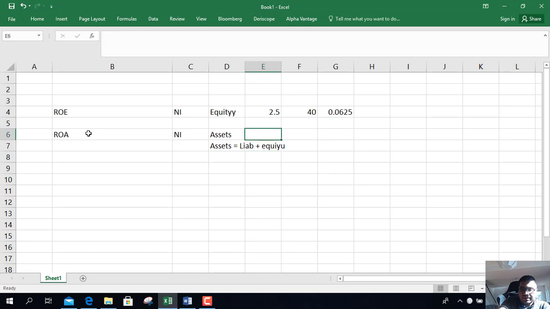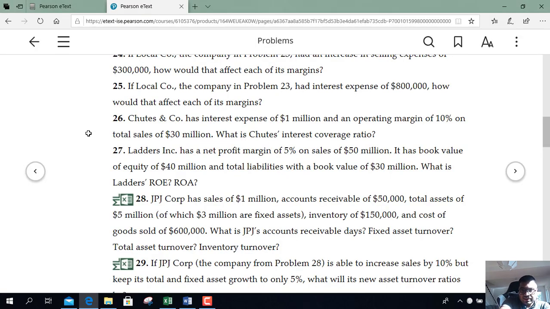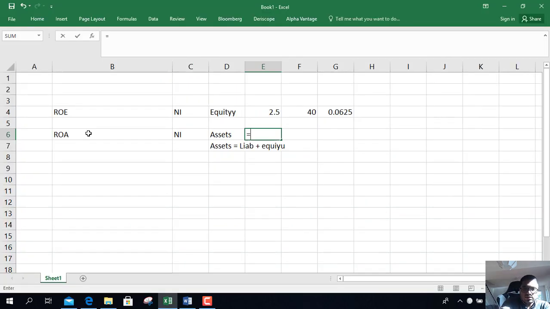So assets would be, debt is 30 and equity is 40. So 30 plus 40, 70 million in assets. So the ratio will be net income divided by 70 million, 3.57%.